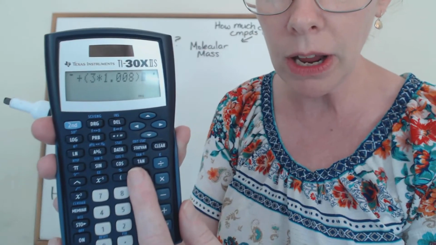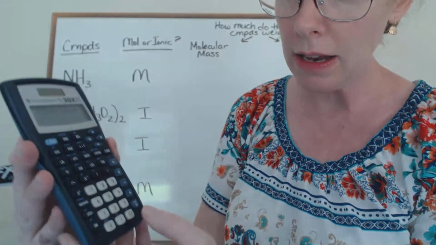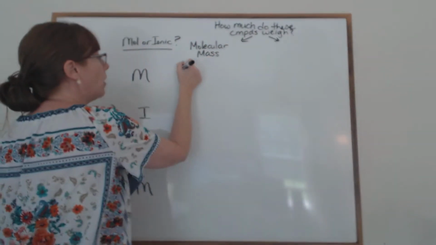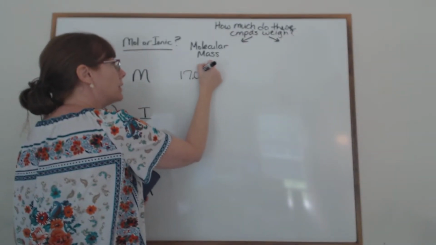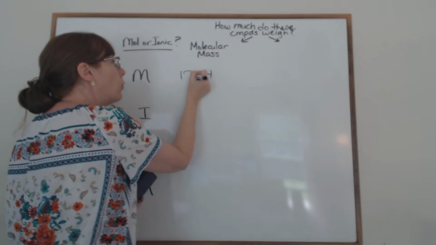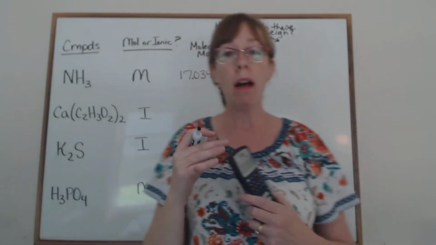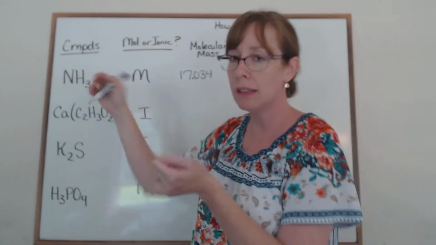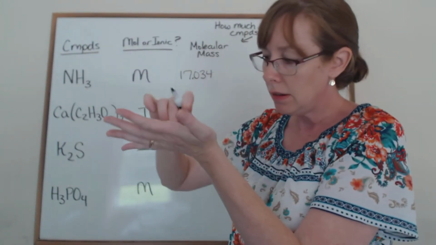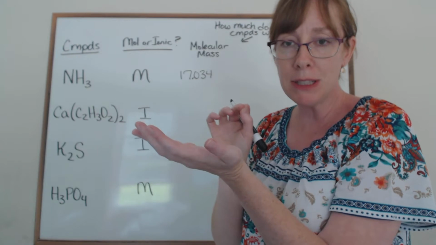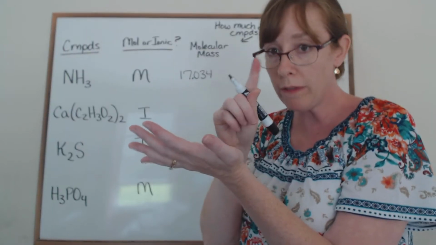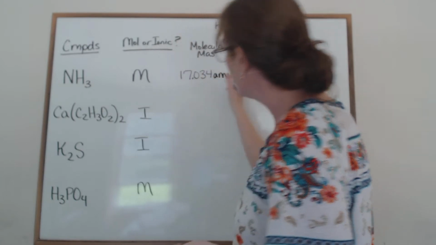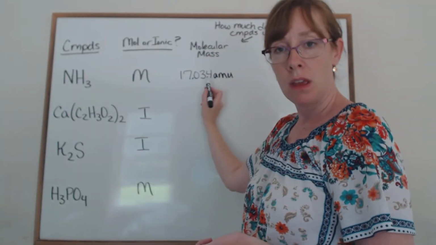Then close parentheses and enter. And you're getting 17.034. That would be what we call the molecular mass of this compound, 17.034. Now, what is the unit? Well, if you're talking about literally one of these molecules, it would be impossible to isolate just one, but if you could, the unit there is AMU, atomic mass units. That's how much it would weigh.